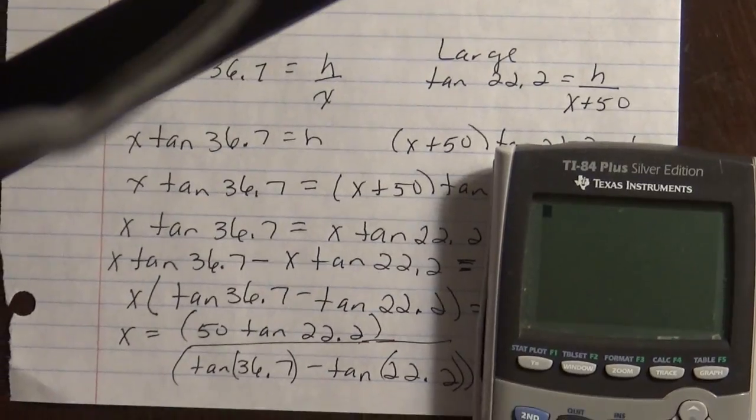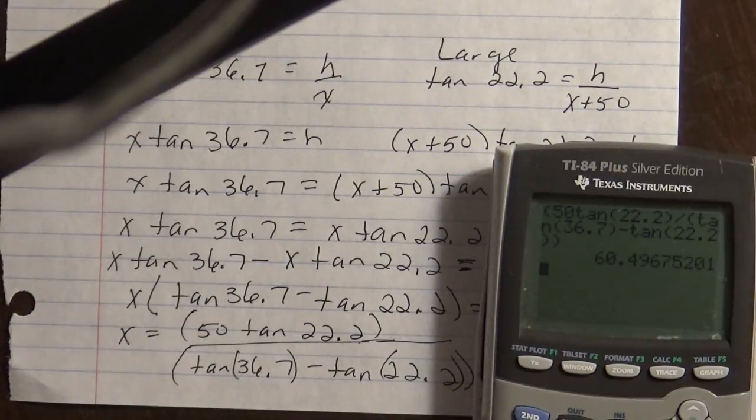So just to be on the safe side, I'm going to set parentheses 50 times tan 22.2 close parentheses divided by open parentheses tan, and then the calculator is going to open parentheses for you here. So put in 36.7. Close those parentheses, and then subtract tan 22.2, close parentheses twice now. All that gives us 60.49675.